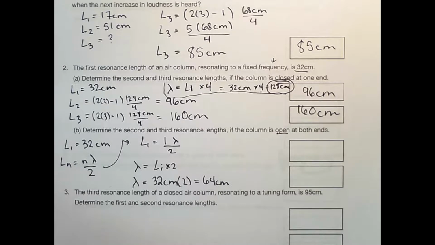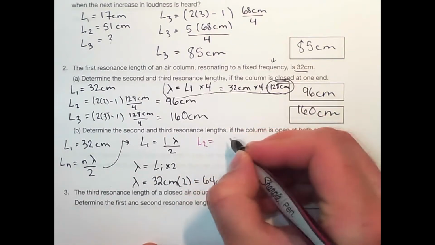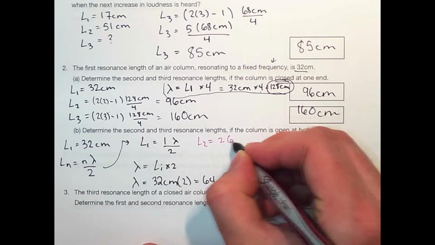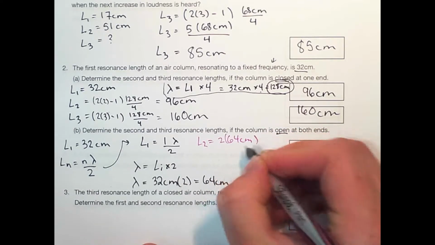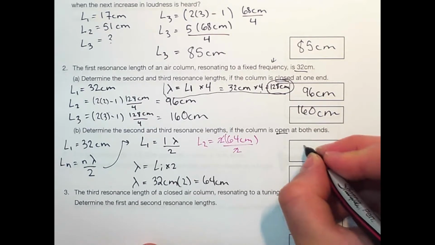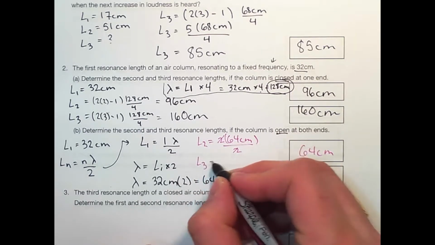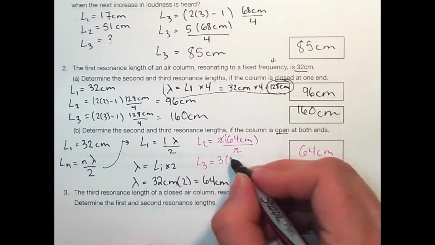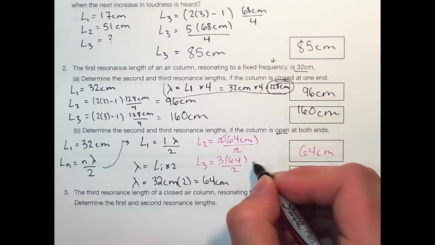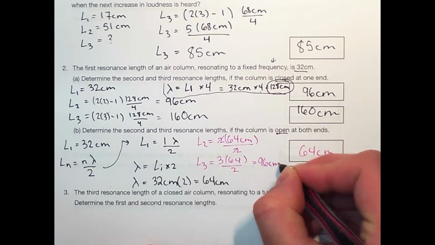Now we just have to solve for the other parts of it. So L2 would be equal to 2 times lambda over 2. So L2 is 64 centimeters. So the 2's will just cancel. L3 would be 3 times 64 over 2, and that's equal to 96 centimeters.